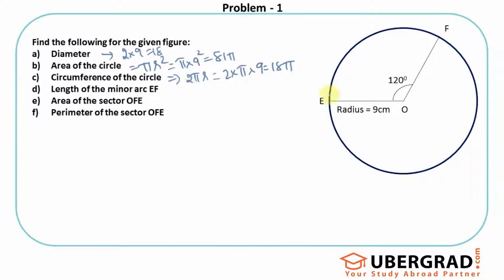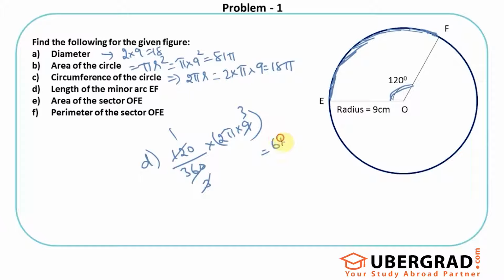Length of the minor arc EF: I need to find this arc. As I said, to find this, I need to know the angle it is making at the center, so it should be theta by 360 into 2 pi r, where 2 pi r is the circumference. So this is 1/3, since 120 is one third of 360, and one third of 18 pi is 6 pi. So the length of minor arc EF is 6 pi.